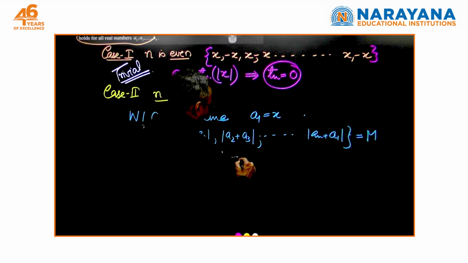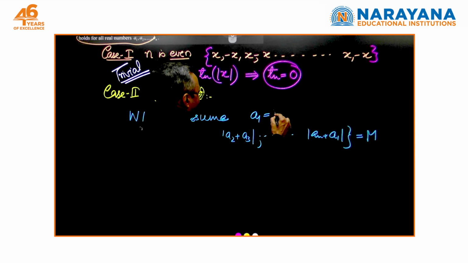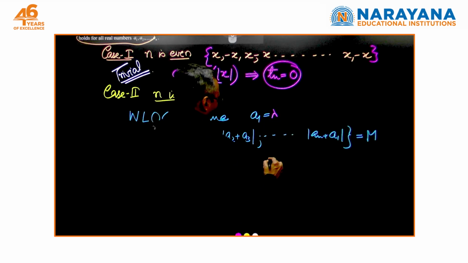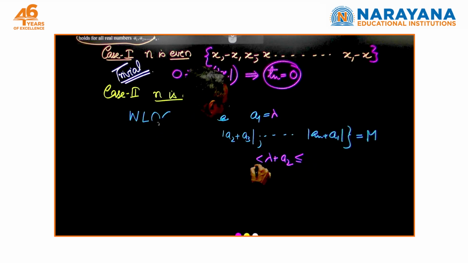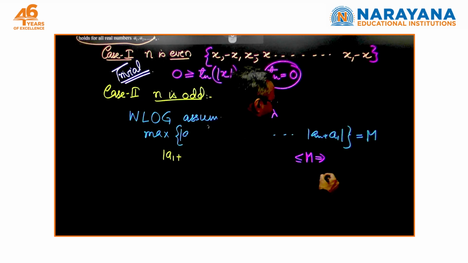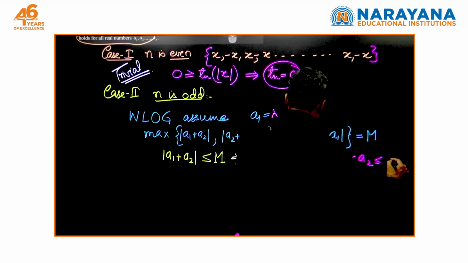But since we have already taken a1 to be x, let me call it lambda. So lambda plus a2 would lie between minus m and m, which means a2 lies between minus m minus lambda and m minus lambda.